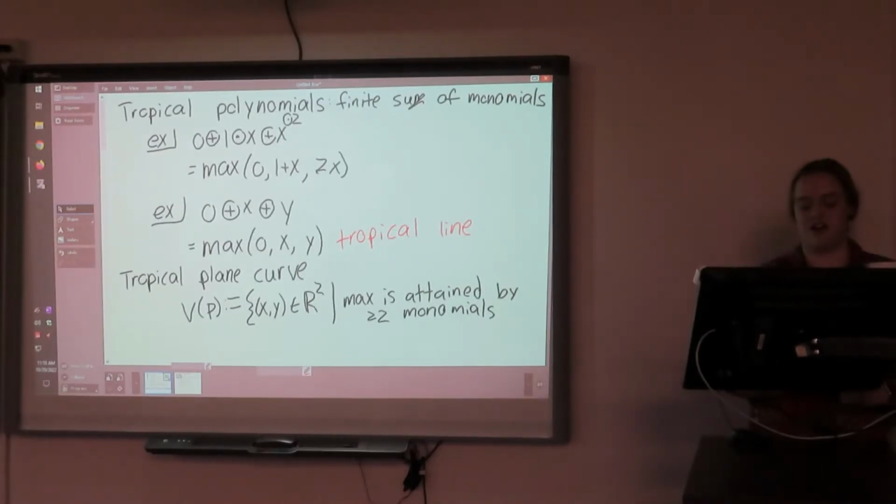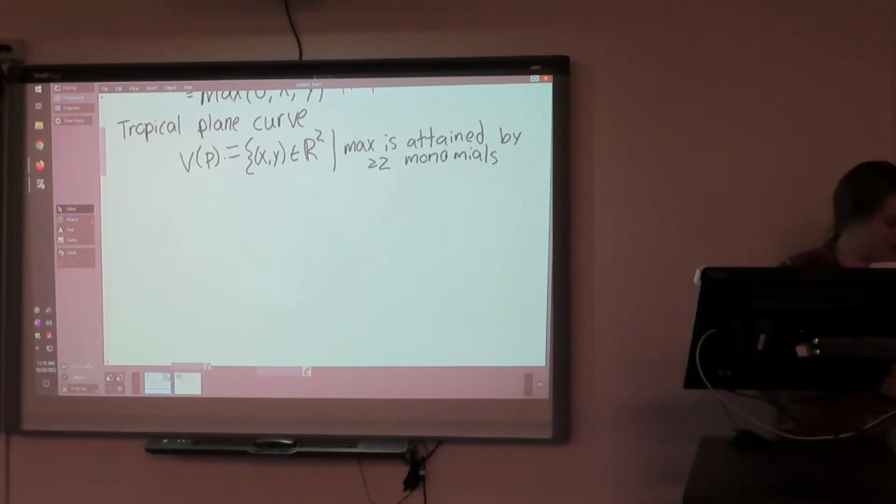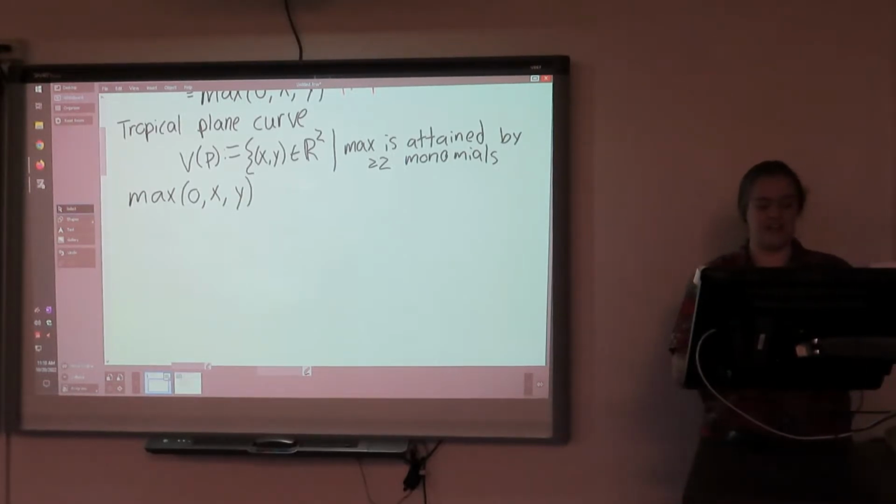So now we're going to draw the plane curve for the tropical line. I really wish I could scroll. Oh, just kidding. Okay, so I'm going to rewrite it. We're looking at the max of 0, x, and y. To find out, we have to look at different cases.